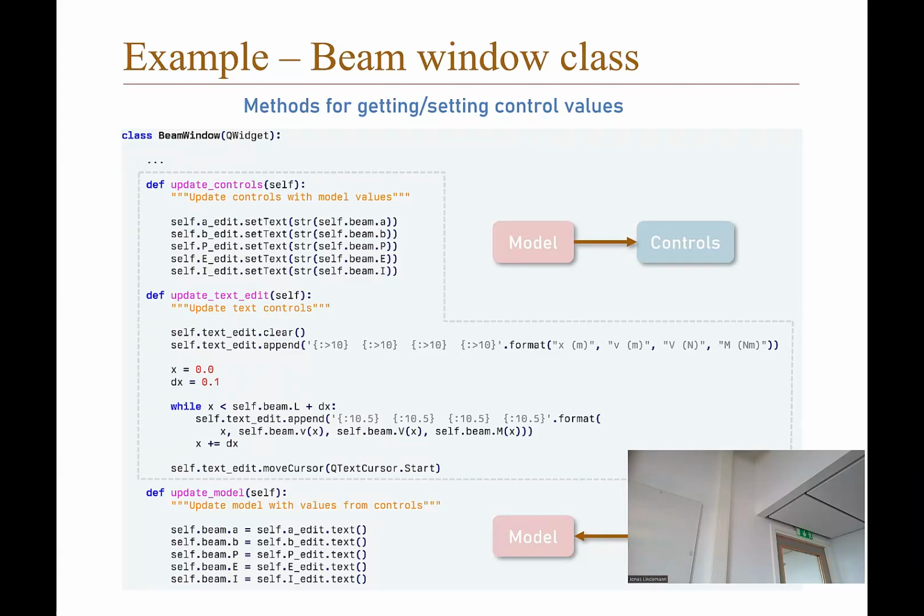Update model, we do something like this. So this is actually quite like the to-float that we did. You see here that we do text, which is a string.